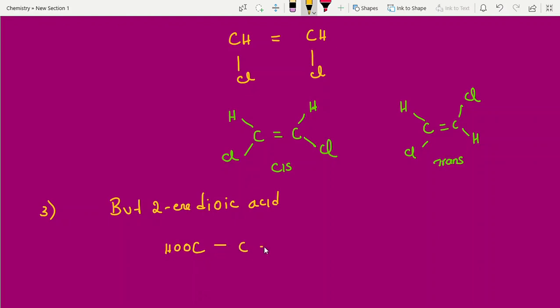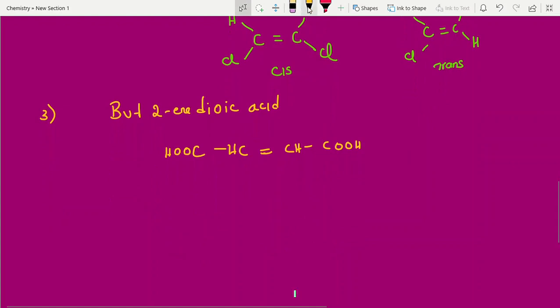But means how many carbons in total? 4 carbons, right? Dioic acid, the ending oic acid, because it is a chain terminating functional group, it always comes at the end. Then in between the double bond, but-2-ene, CH double bond CH, second position. They are asking you to write cis and trans.